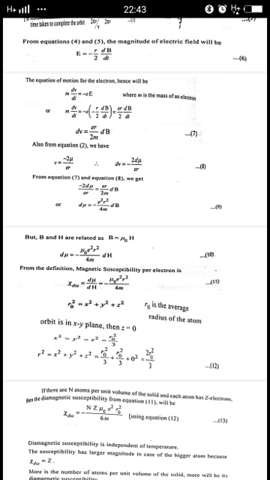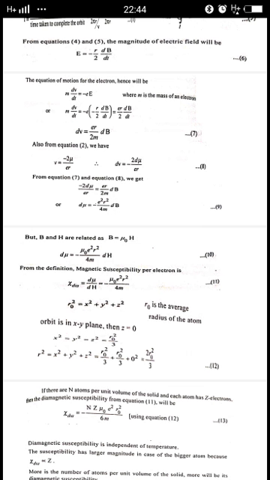From the equation of motion for the electron, that is from Newton's law, we can write m dv by dt, that is mass into acceleration, equal to the force due to the electric field, that is minus e into E, where m is the mass of the electron.